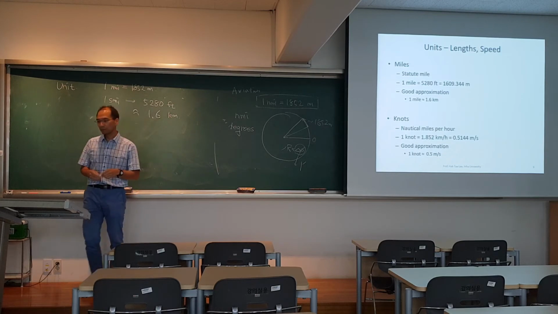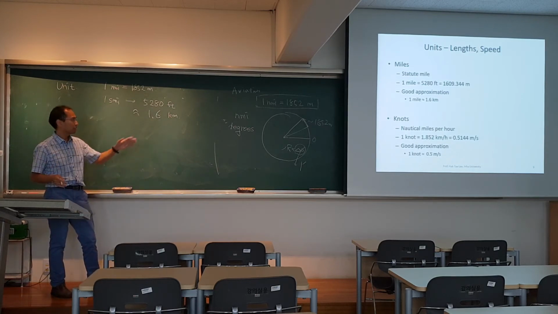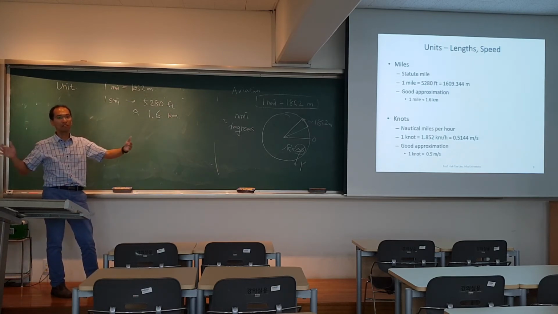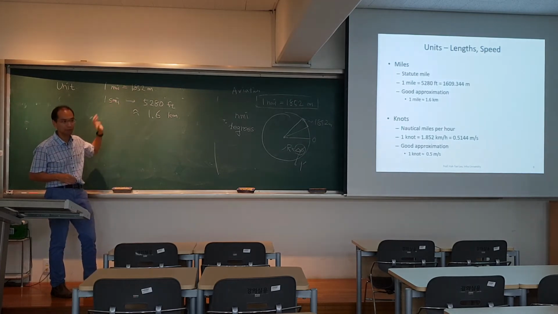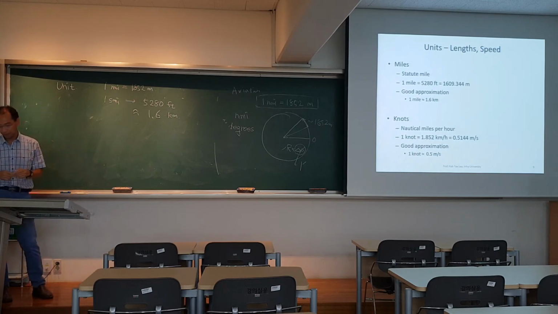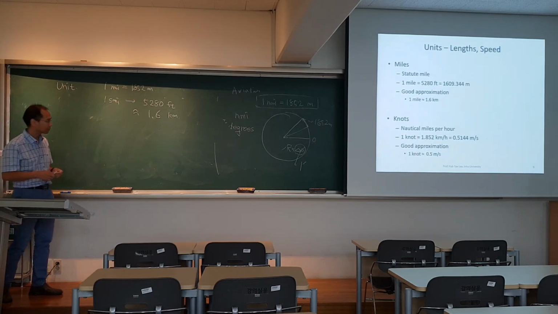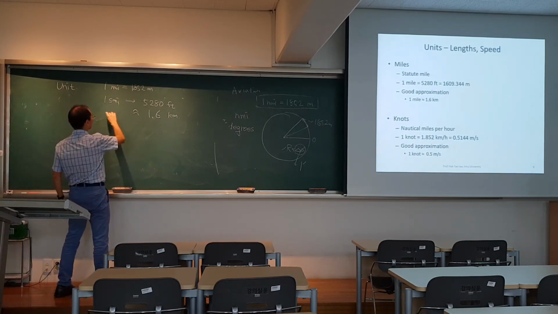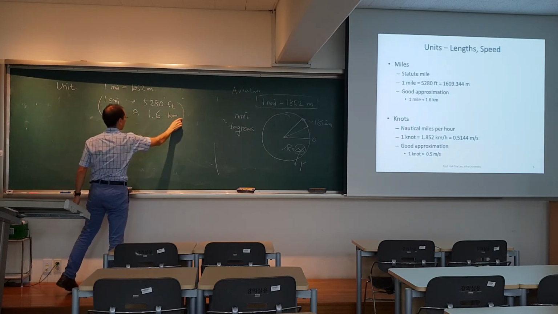So there are some requirements depending on the airspeed, how far you have to stay away from the cloud, and that's expressed in statute miles. Other than that, it's not used much. So this is kind of not that important.